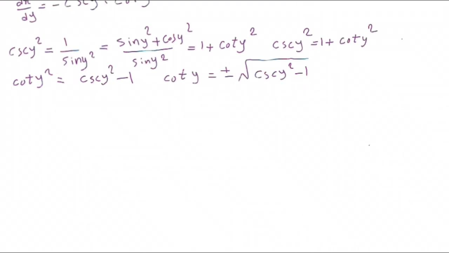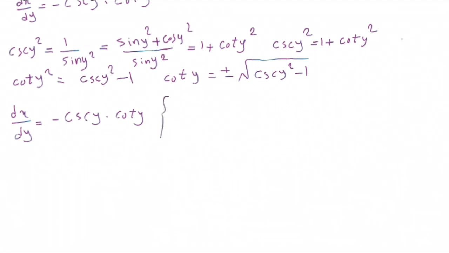And we know that the derivative of x with respect to y equals negative cosecant y times cotangent y. And we want to find the sign of the product of cosecant y and cotangent y.